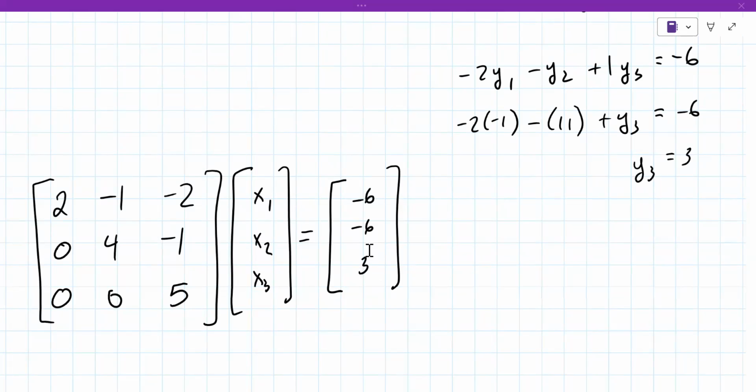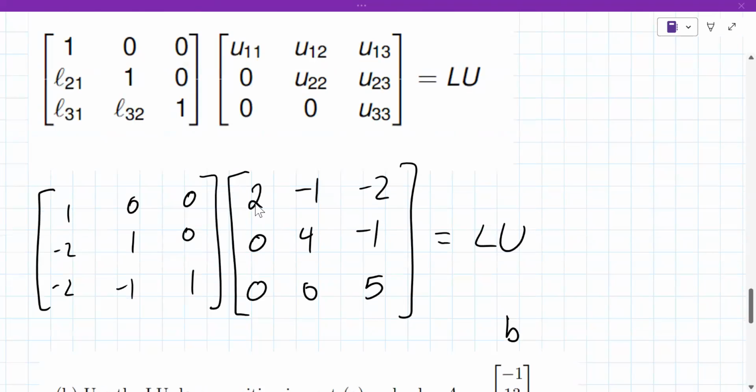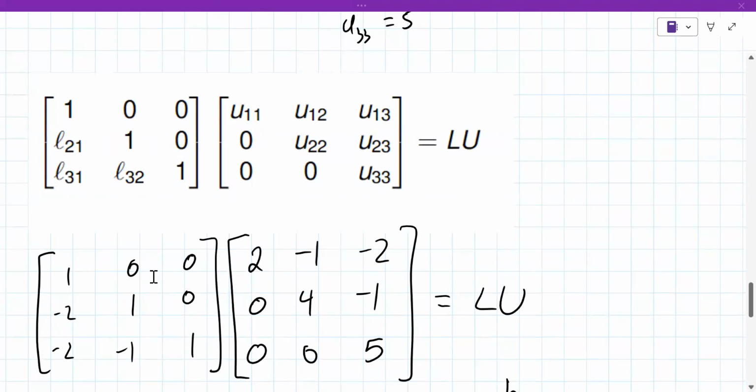Okay, so there's a problem. I don't know, we'll have to find it. Do you want me to search for it? Do you want me to just give you the correct LU decomposition? There's a mistake somewhere, and I don't know where it is, because the solution to this is nice. It does work out nice.